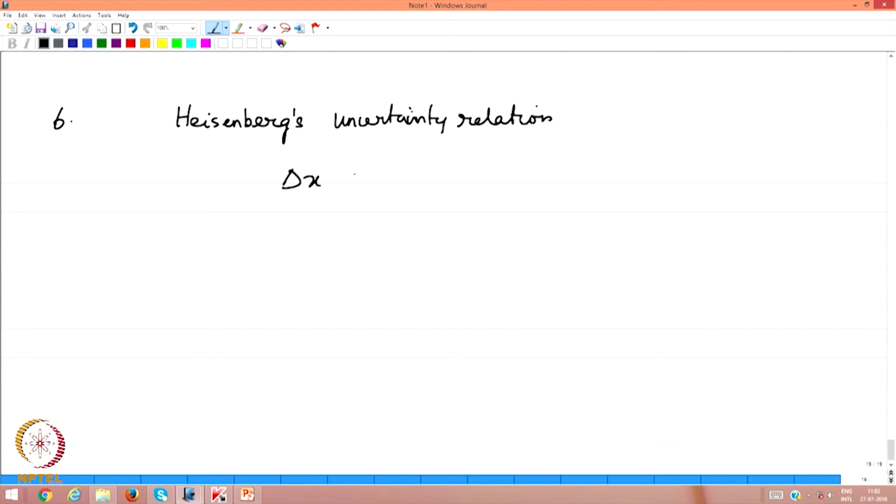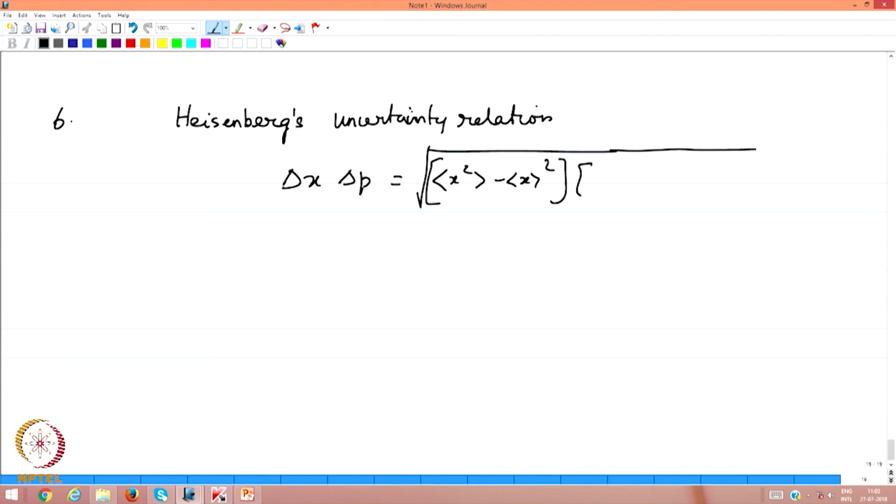Delta x delta p is the square root of the x square average minus x average square, multiplied by p square average minus p average square.